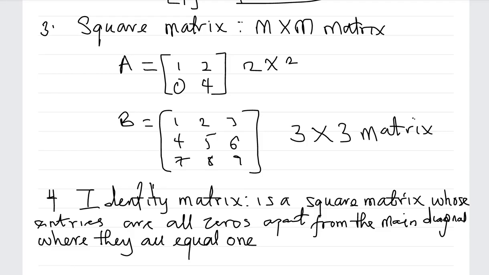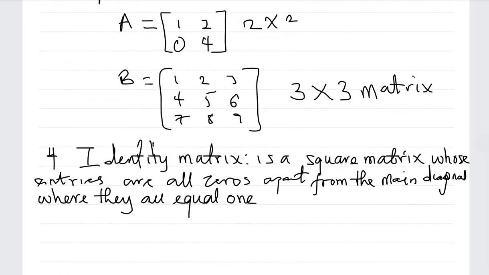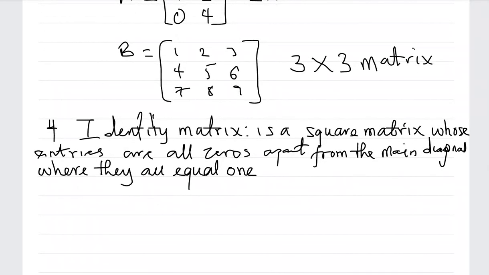I'm just trying to give this definition in the way you understand. So an identity matrix is a square matrix whose entries are all 0 apart from the main diagonal.